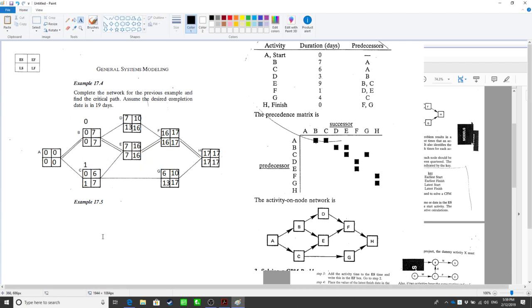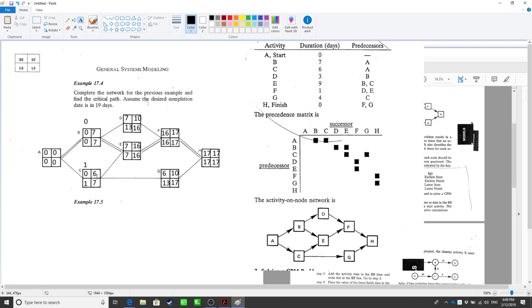Does it make sense to you? What do we mean by saying the slack time of C is 1? It's 1 minus 0, or 7 minus 6. The slack time is 1 because when you finish C at moment 6, you actually have some slack time.